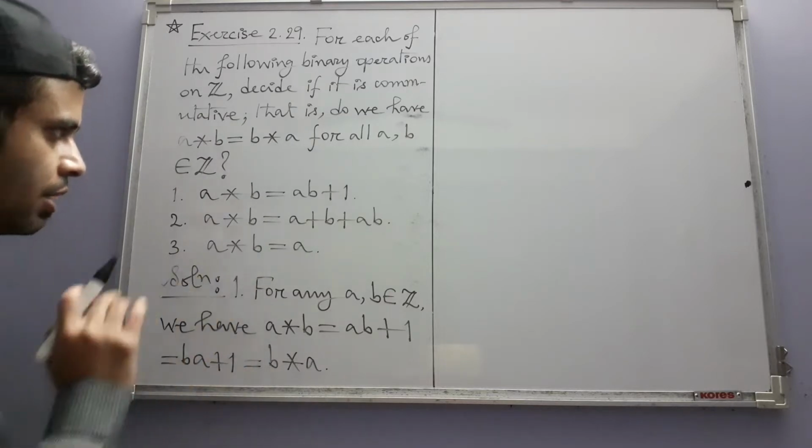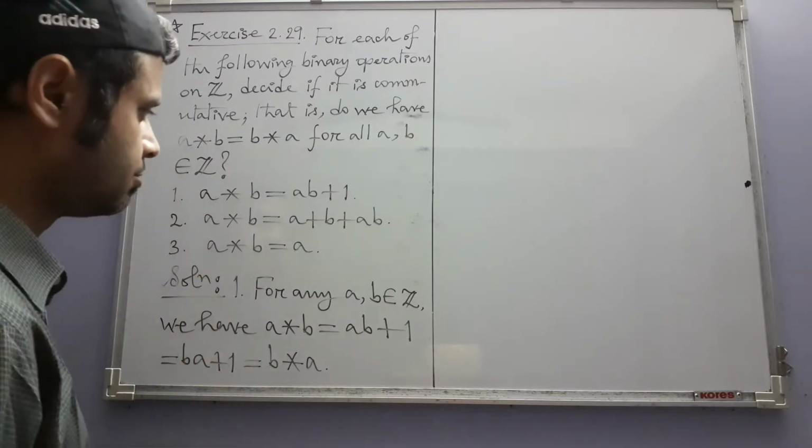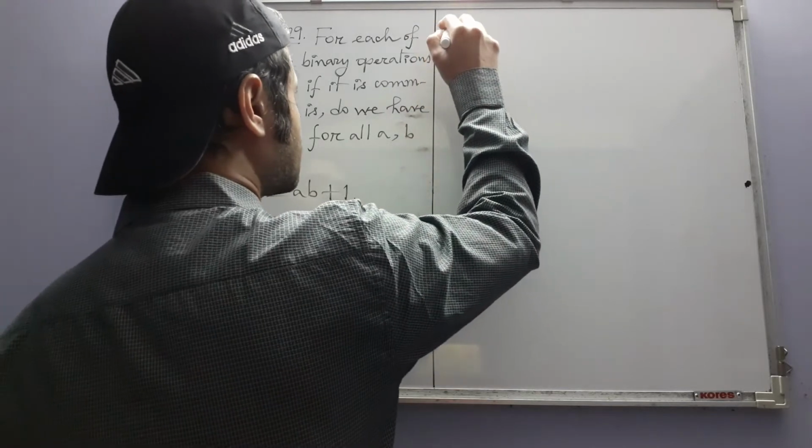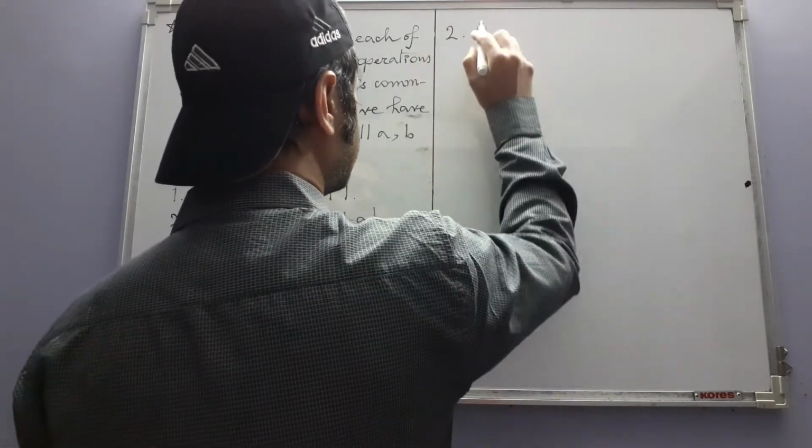So that's why the first binary operation is commutative. Just like that, the second one is also commutative.